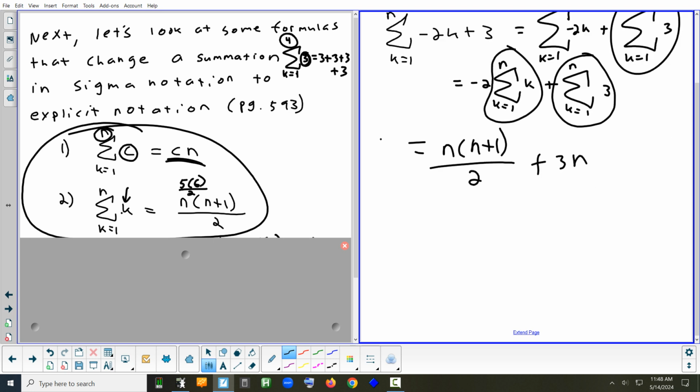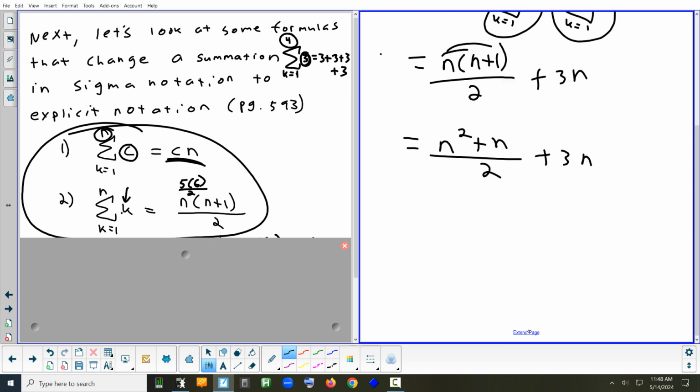All right. So distribute this out. So it's n squared plus n over 2 plus 3n. And how would I write this part as two separate fractions? n squared over 2 plus n over 2.